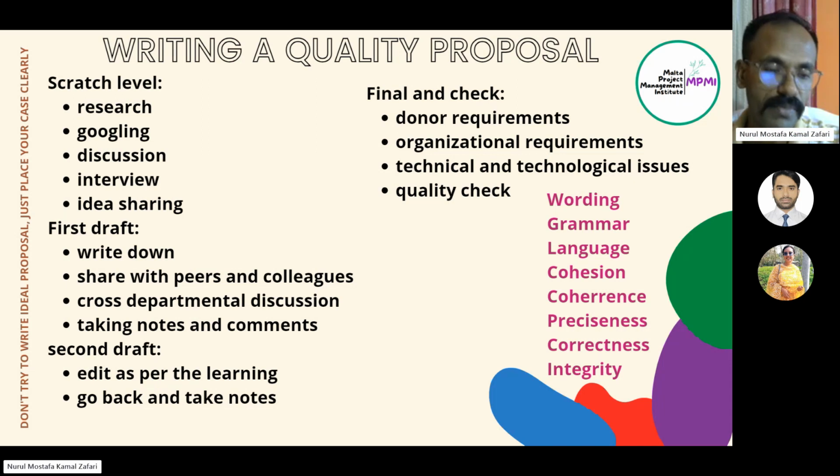There is a reminder: don't try to write an ideal proposal, just place your case clearly. We don't need to write a world-class project proposal, but put your case in simple, understandable language. You don't need to be an expert in English, but put your words as you want them to be in place.